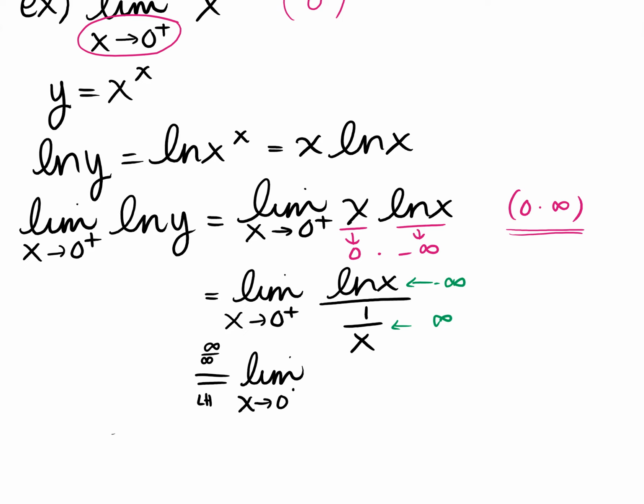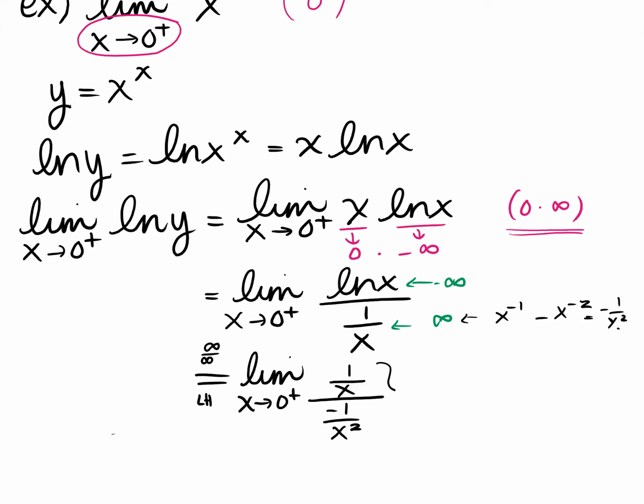So now I'm ready to take L'Hopital's of this. The derivative of the top is 1 over x. The derivative of the bottom, I can think of that as x to the negative 1. Its derivative is negative x to the negative 2, which I can rewrite as negative 1 over x squared.